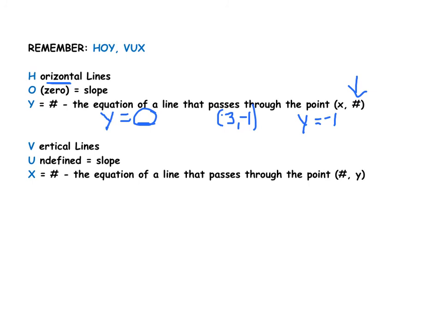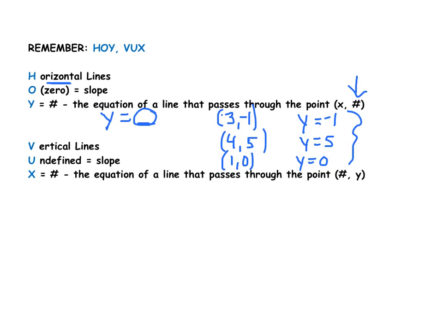If I say give me an equation of a horizontal line that goes through 4, 5, then the equation would be y equals 5. If I say give me an equation of a horizontal line that goes through 1, 0, then guess what? y equals 0. These are the equations of those lines.